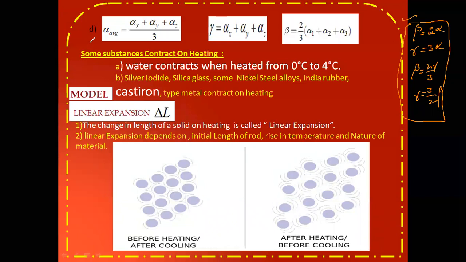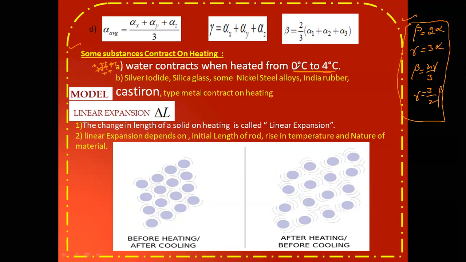Here, some substances contract on heating. The best example, which is also very useful for our next topic, the expansion of liquids, is water from 0 to 4 degrees Celsius.